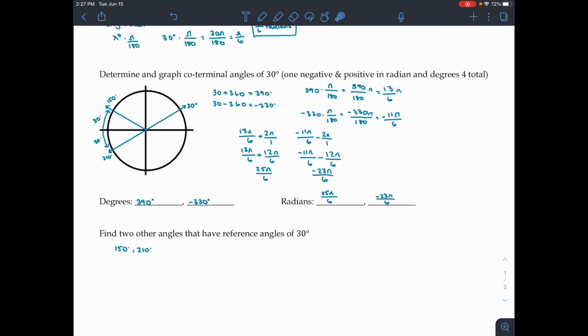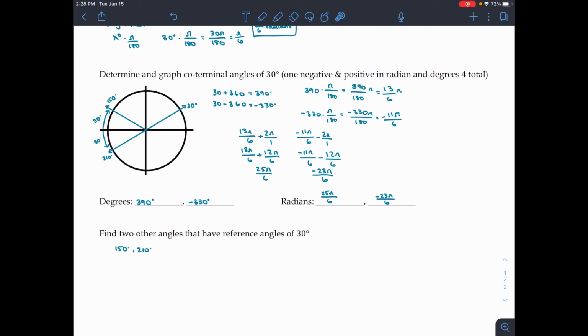Then we take these two angles and convert them into radians. So we do 390 times pi over 180, and the same thing with negative 330 times pi over 180. These both simplify to 13 pi over 6 and negative 11 pi over 6. From there, we add and subtract 360 respectively. Since 13 pi over 6 is 390, we take 13 pi over 6 and add 2 pi over 1, because that's equal to 360 in radians.